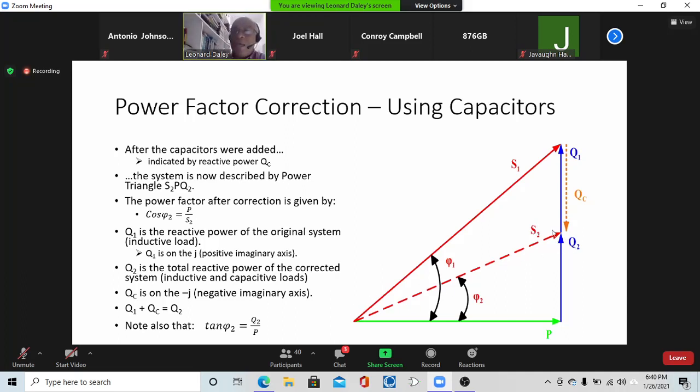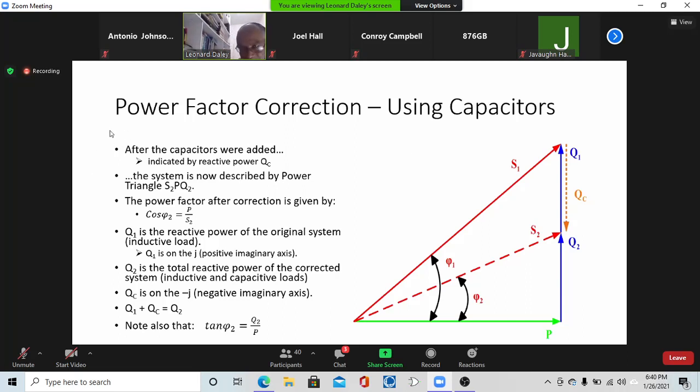In that case S2 would be equal to P, because remember S is equal to P plus jQ. So if there are no Q's, then S and P would be equal. Yes, it is possible, but then there's also a cost factor that you have to consider.